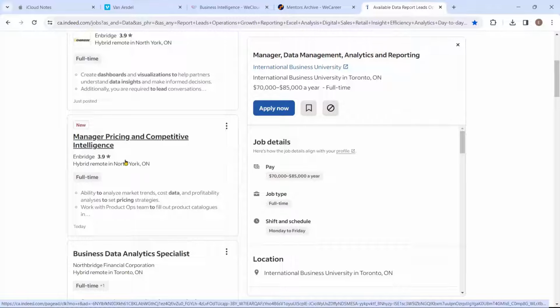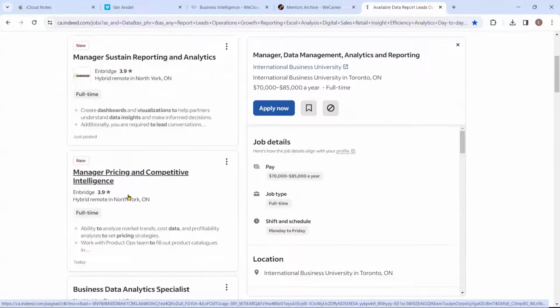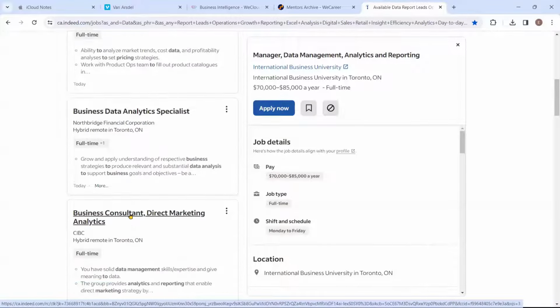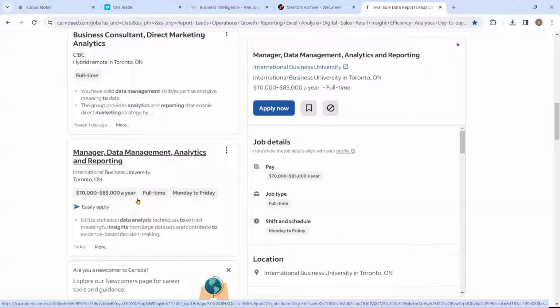Again, same company, just different role, different function: reporting analytics and pricing, competitive intelligence, probably studying the competition. CIBC Bank, business consultant, direct marketing. So it's in a marketing department.